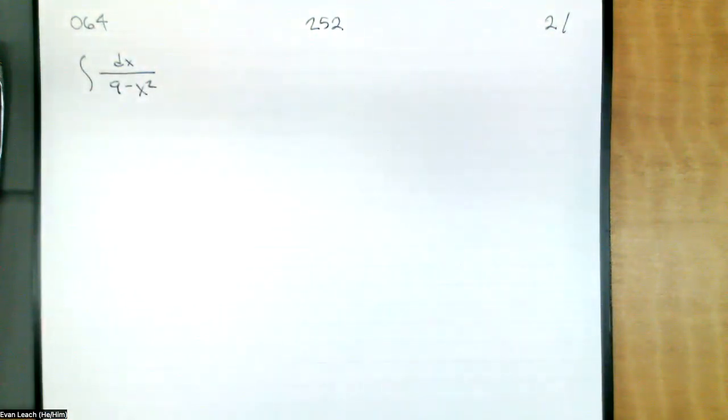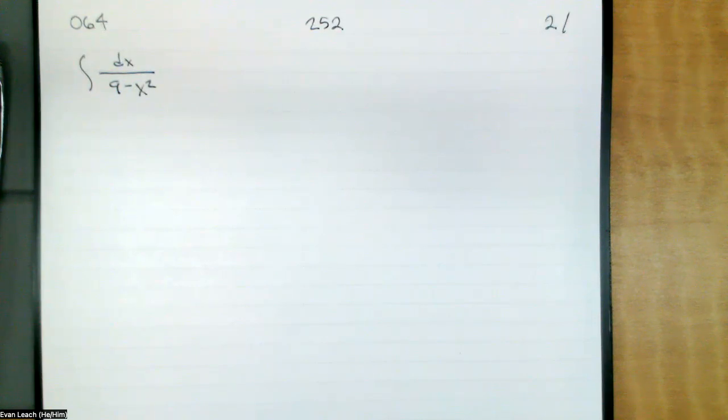I like to do variations. What case of trigonometric substitution should we use on this integral? Be careful, that was a trick question. I am deliberately laying an obvious trap for you to fall into. Listen carefully how I phrase the question. What case of trigonometric substitution should we use on this integral? 1 over 9 minus x squared.